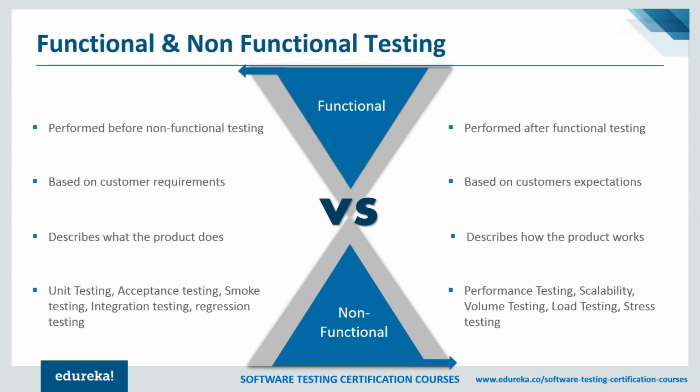Examples of functional testing are unit testing, acceptance, smoke testing, integration and regression testing. And non-functional testing includes performance testing, volume testing, scalability, load testing, strain and stress testing, etc. So these are the differences between functional and non-functional testing.